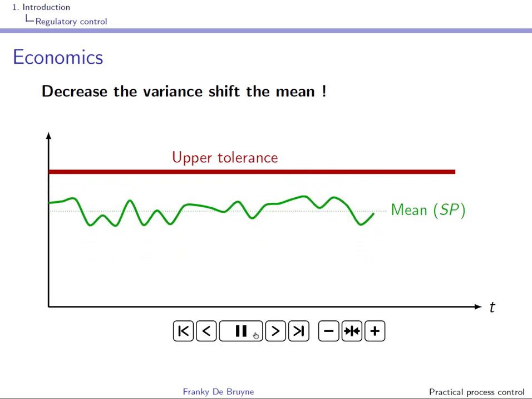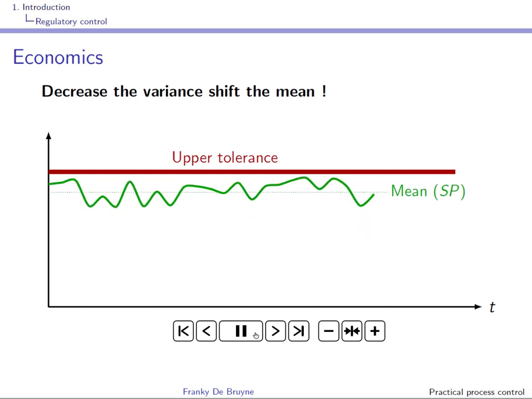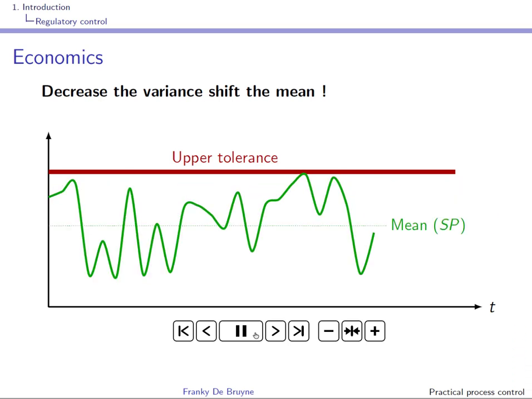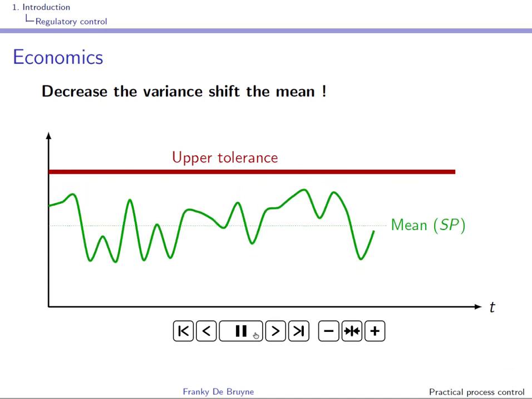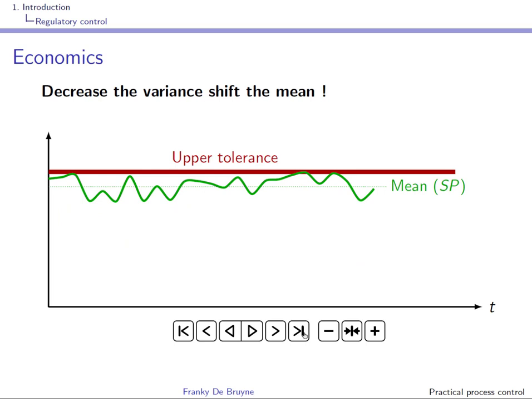Well, as this animation shows, if the paper producer manages through control, through better disturbance rejection, to decrease the variance of PV around the set point, he will be able to shift the set point so that it becomes closer to the upper tolerance.